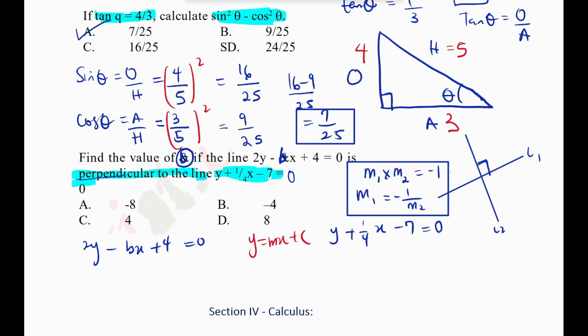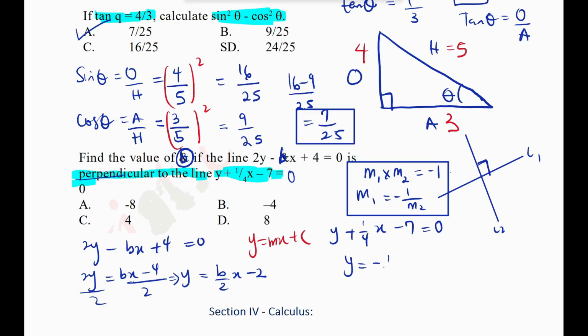So this becomes 2y equals bx minus 4, and divide both sides by 2. That gives us y equals b over 2 x minus 2. While for this one, if you rearrange it, y is going to be equal to minus 1 over 4x plus 7.